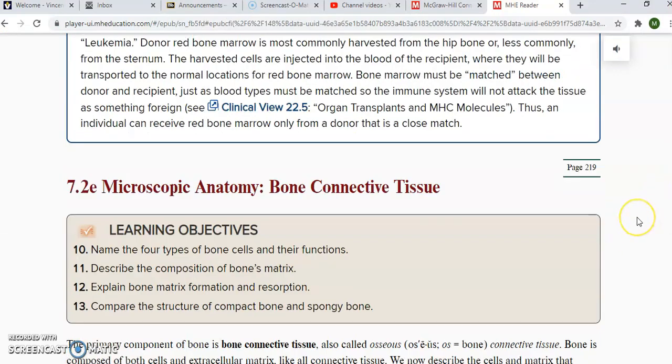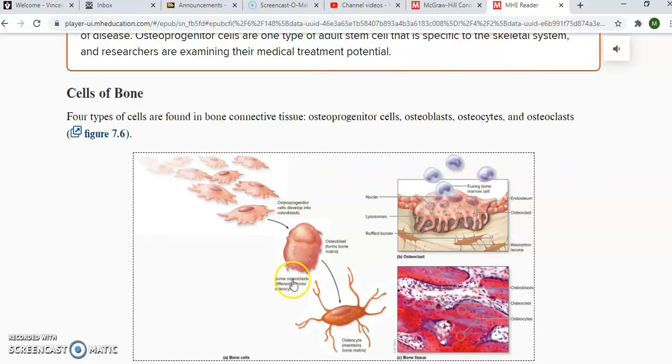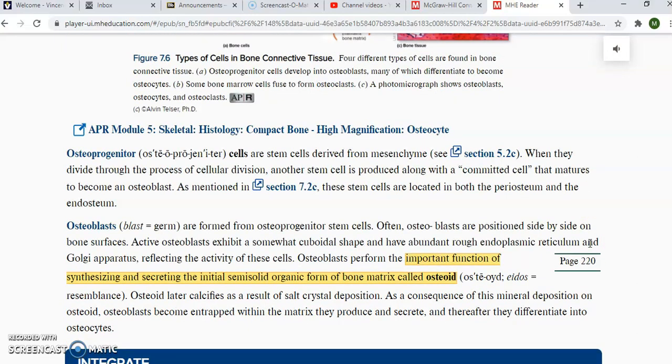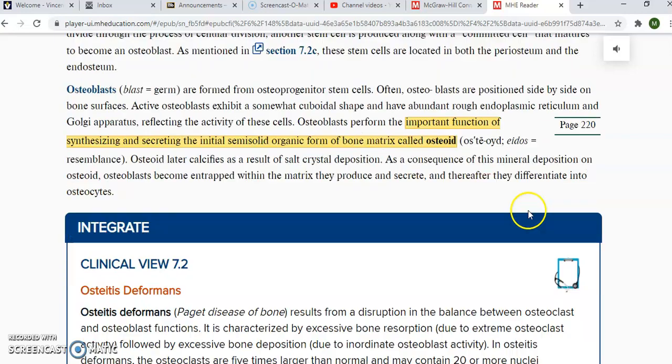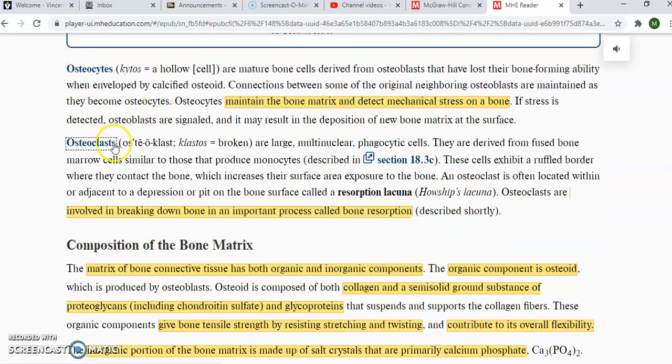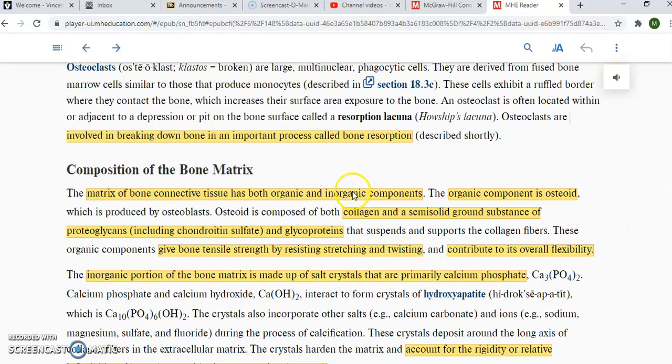And down here, because I was up there, is where they have the microscopic anatomy. I just didn't like this picture as well, so I wanted to use the picture at the top there. But they do have a picture. This is where they'll tell you about the osteoprogenitor cells, osteoblasts, osteocytes, and osteoclasts and their functions. And this is the bone matrix.